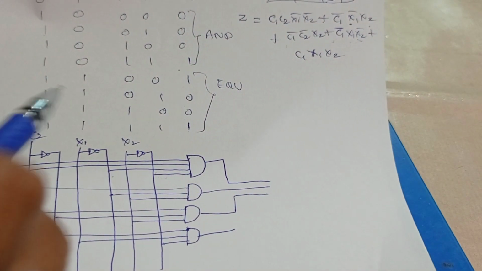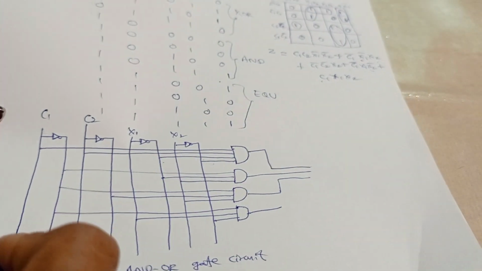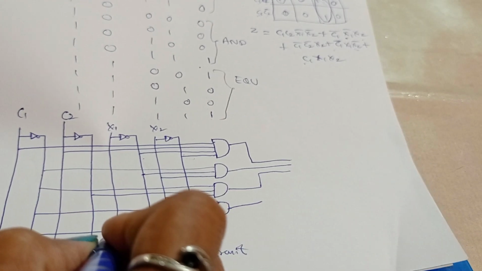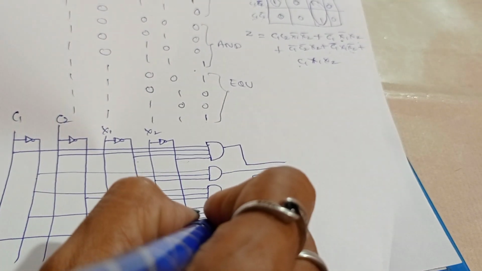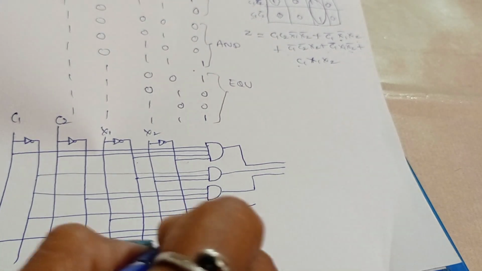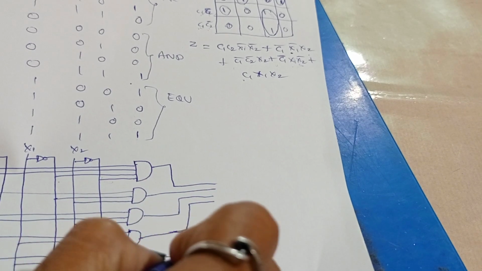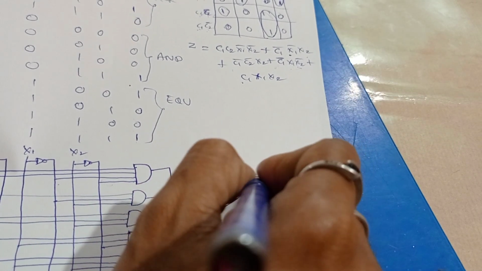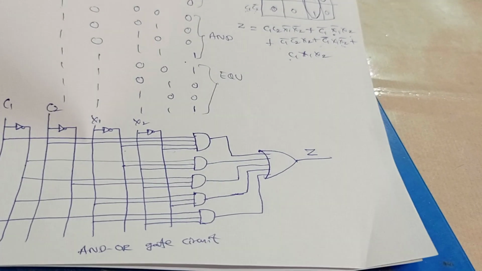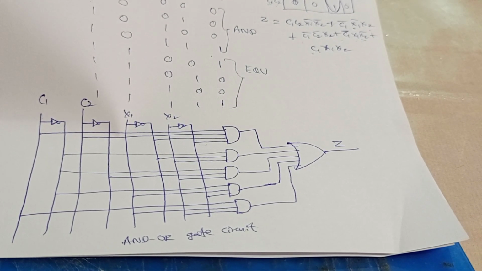Next, the final term is C1, X1, X2. So directly from C1, X1, X2, connect to an AND gate. Connect all to an OR gate. So the final Z: this is the AND-OR gate circuit for the minimized expression.